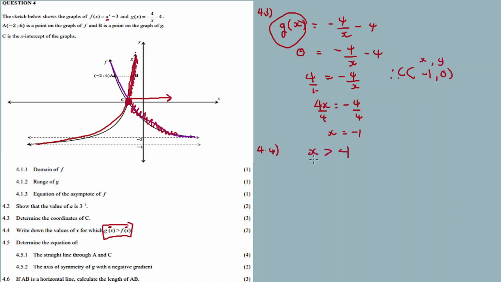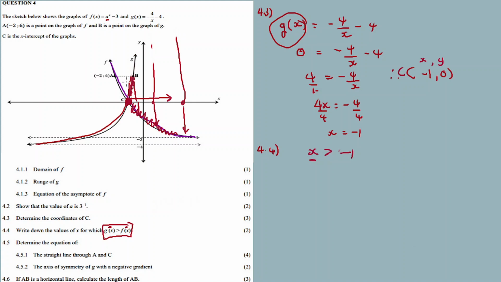So our solution is all the x values greater than minus 1. Negative half will make g above, f below. 1 will make g above, f below. 2 will make g above, f below. So this is what this solution is saying to us.